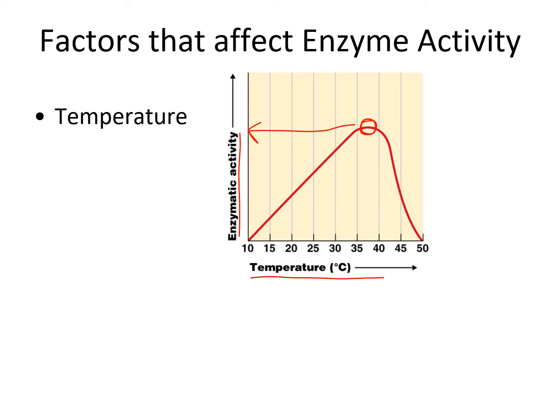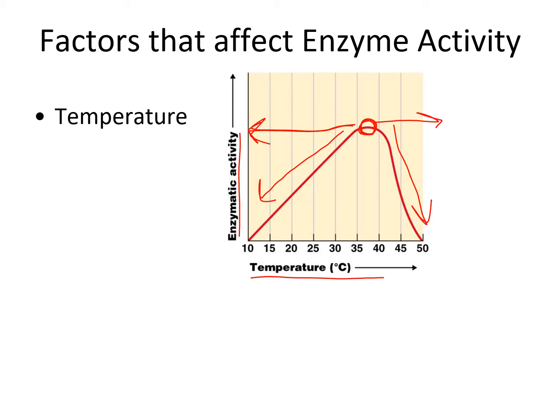And if you change the temperature from that optimal temperature, you will get a decrease in activity. If you increase temperature, you will get a steep decline in activity, whereas if you decrease temperature, you will get a gradual decline in activity.